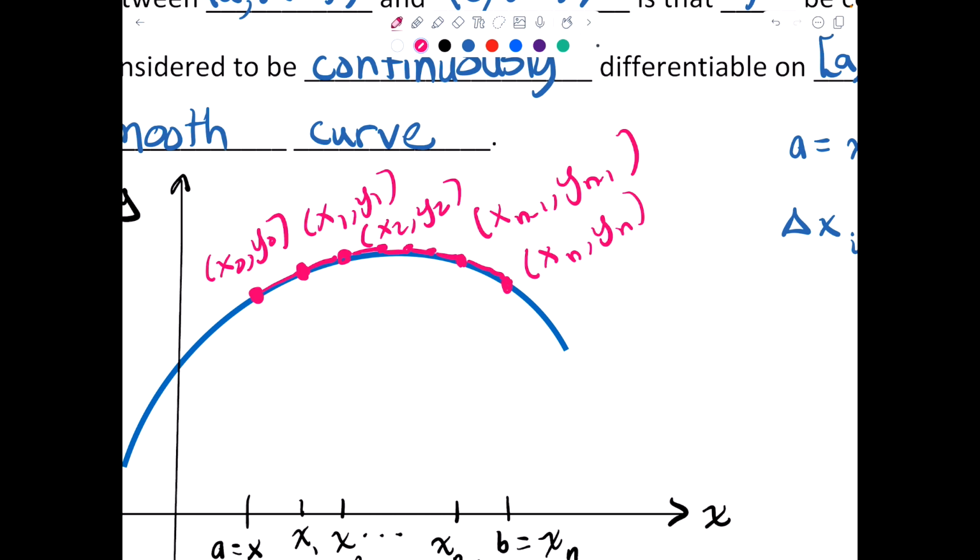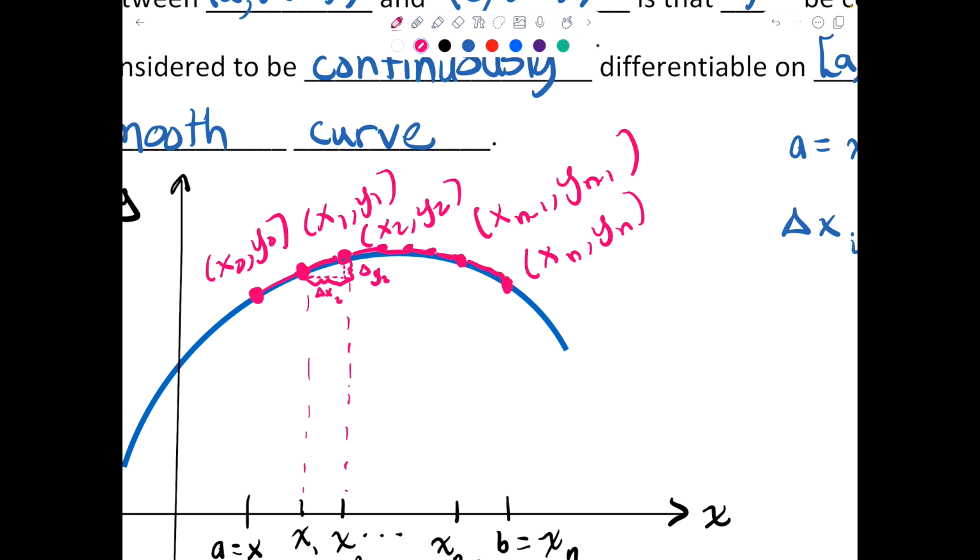If you were to look at this little triangle that is made, the vertical length would be the change in y in your second subinterval, because we're looking at this little subinterval here, and this here would be your change in x2.